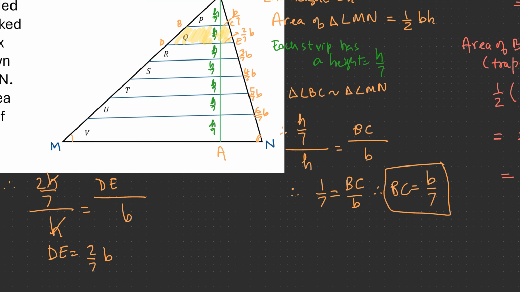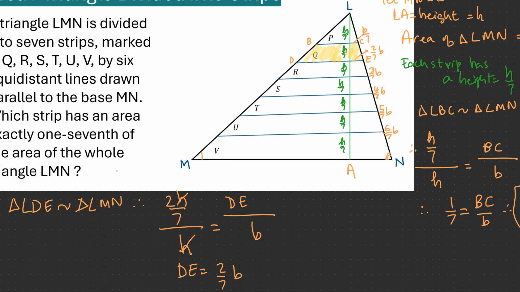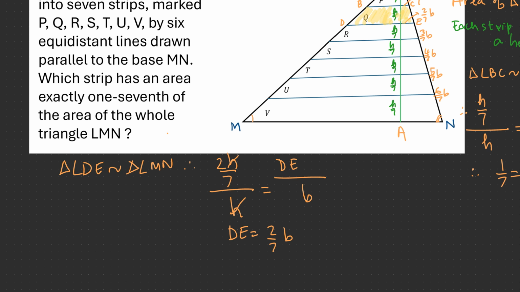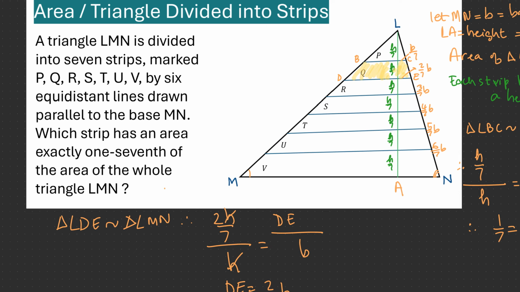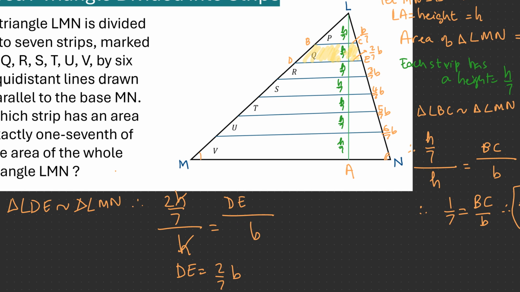So then I can write area of R, so I don't have to do the naming. So this is R, area of R.